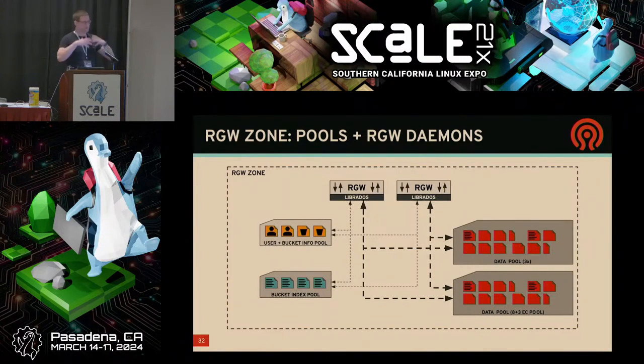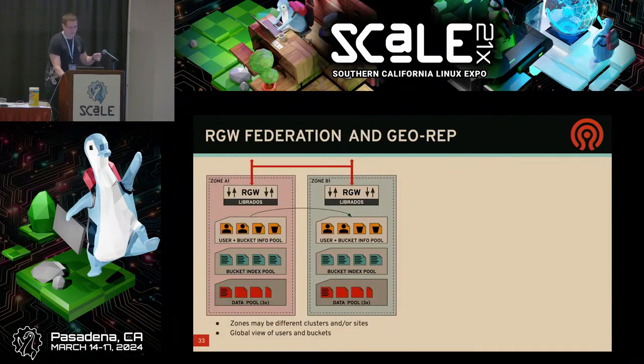You can create zones of RGWs, and an RGW zone consists of a set of daemons and the pools that they talk to. Then you can do asynchronous replication of the contents of an RGW across different zones. Usually you would expect those zones to be in different clusters that are geographically dispersed, but they don't actually have to be. You probably don't care, but it's good for developers who are writing software that needs to do this later on but are still prototyping.